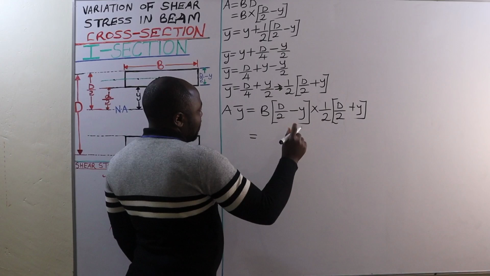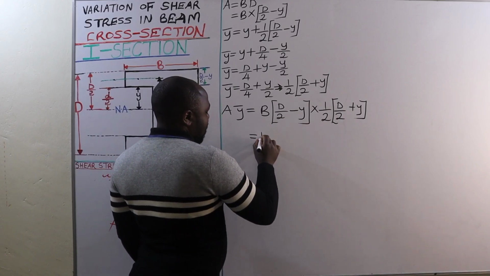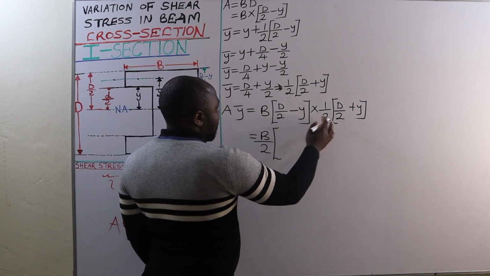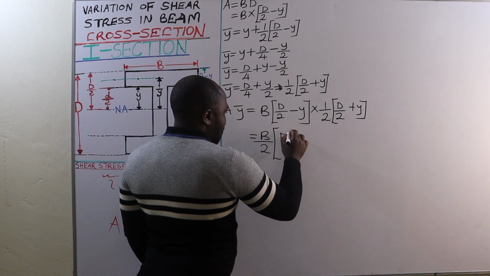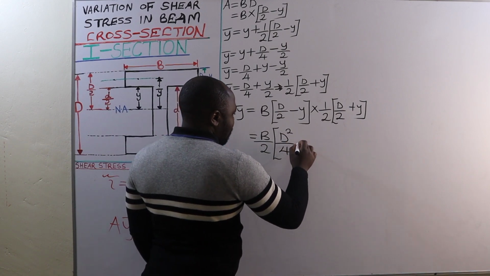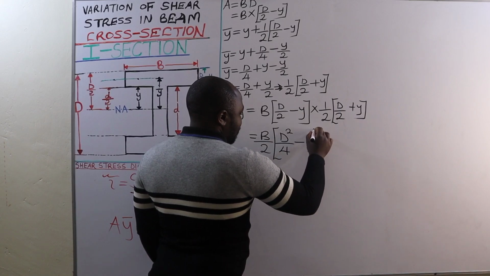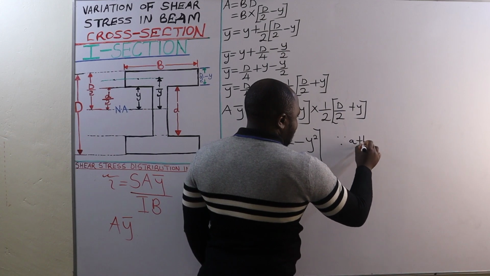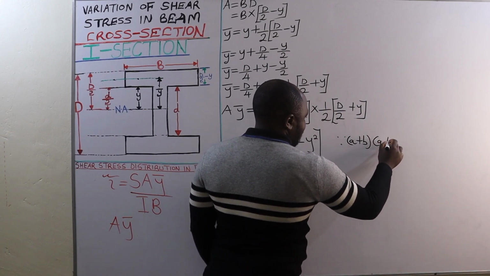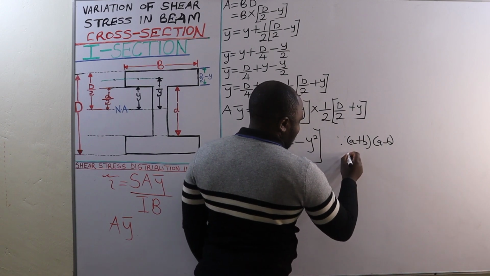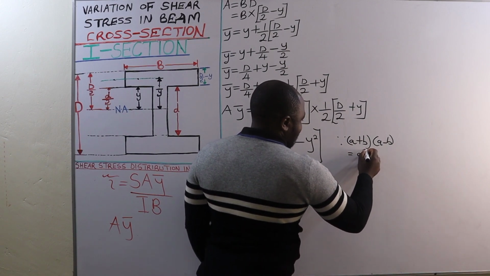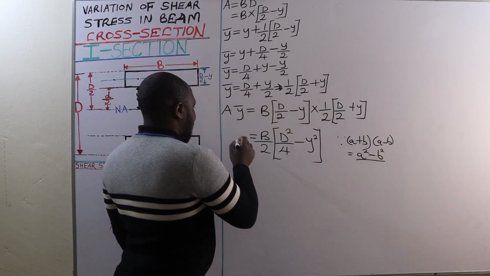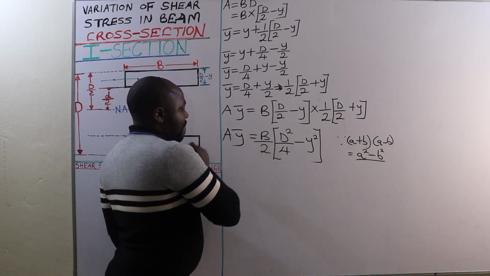So this is going to be B times a half, that is B over 2, into D over 2 minus y, D over 2 plus y, that's going to be D squared over 4 minus y squared, since A plus B times A minus B from the quadratic expressions usually results to A squared minus B squared. So that is the value of A bar y.